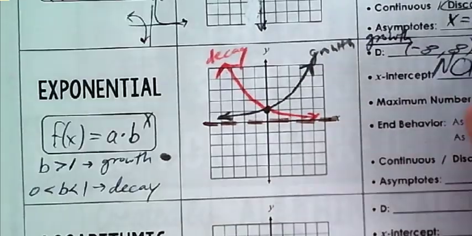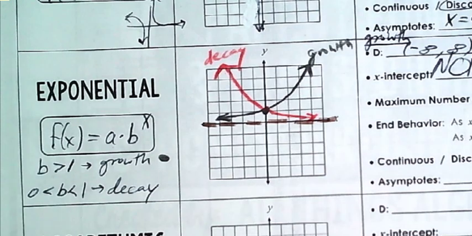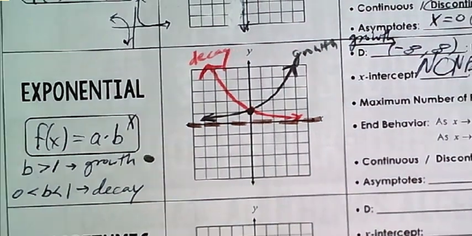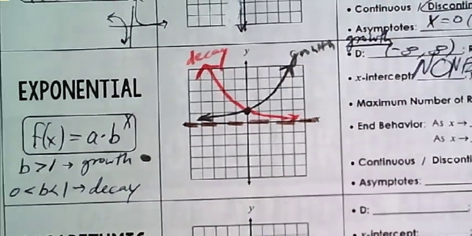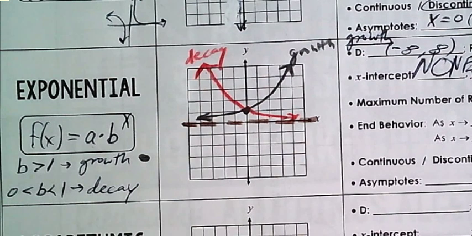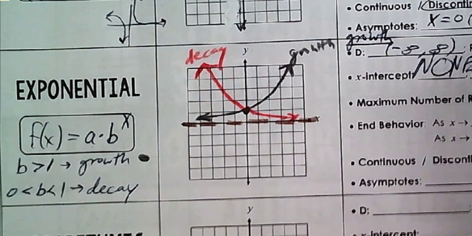Alright, none for the x-intercept, 1 for the y-intercept. Okay, it's the same for growth and decay. Maximum number of roots or zeros. It has none in this state, but if I shift it down, how many could it have? 1. Maximum of 1.